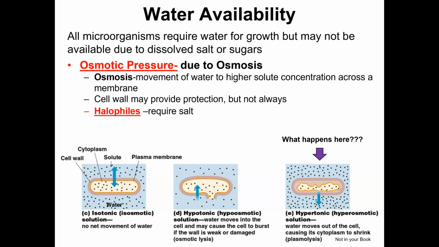Water availability, and this one's kind of weird. When they talk about water availability, really what they're talking about is salt tolerance. Because we have to revisit osmosis. Like we talked about last chapter, bacteria can't just drink water.